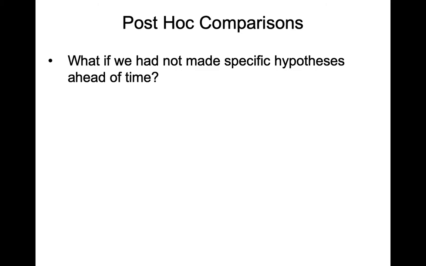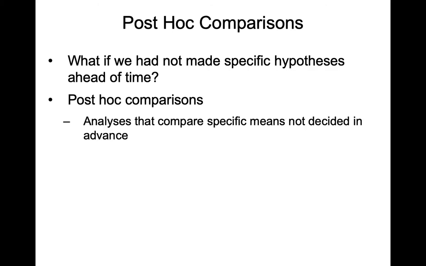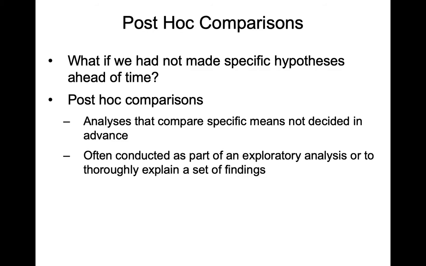So in the event we don't have specific hypotheses ahead of time, we're going to do post hoc comparisons, and ultimately we're going to compare specific means that were not decided in advance, before we looked at our data. They're often conducted as part of exploratory analyses or to thoroughly explain a set of findings. You might say, why would you be testing differences between groups if you didn't have hypotheses or predictions about it?